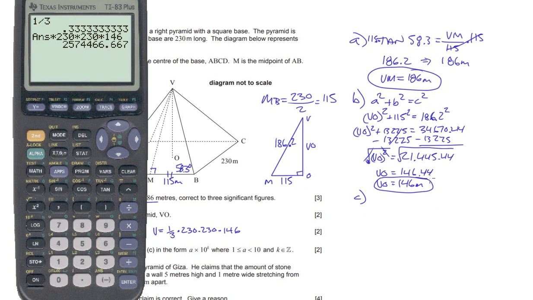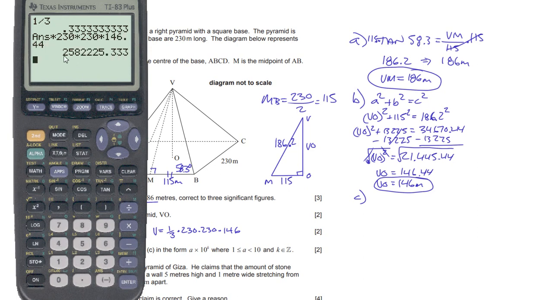If we're rounding, we should do 146.44. I bet that's going to change our answer a little bit. Let's do that. Let's see, that did not help. Let's just start over. So we got 1 divided by 3 times 230 times 230 times 146.44.